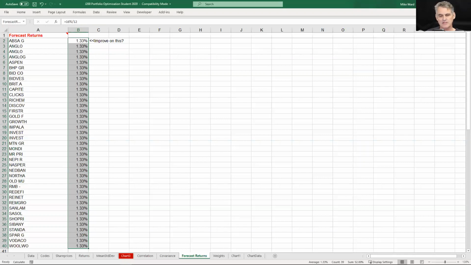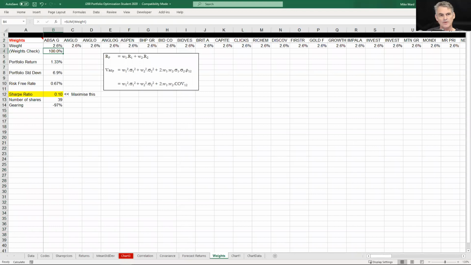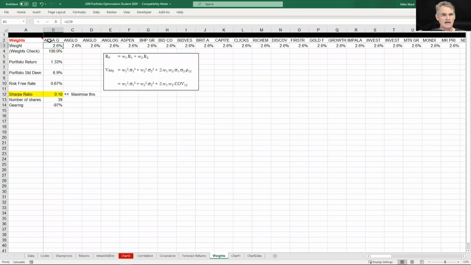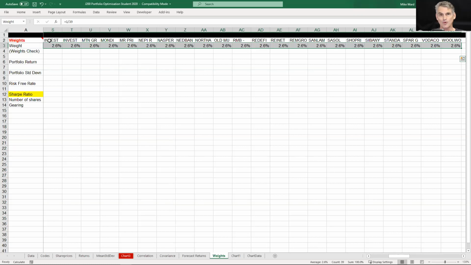So now comes the heart of this. Again, I've set up the sheet nicely for you here. At the top, I've listed all the codes that we've got, running across the top. I'm starting off by highlighting this row here, which is what I've called the weight. And I've labeled that whole row so that it is exactly 39 companies across here.